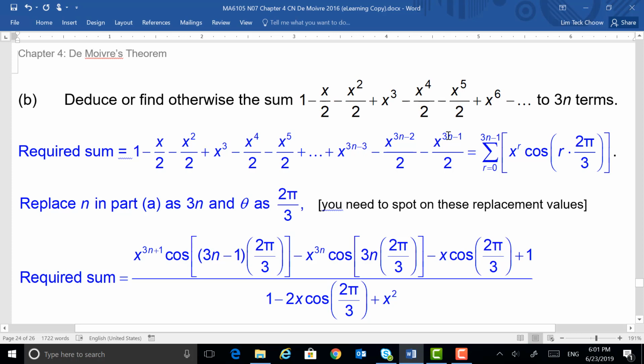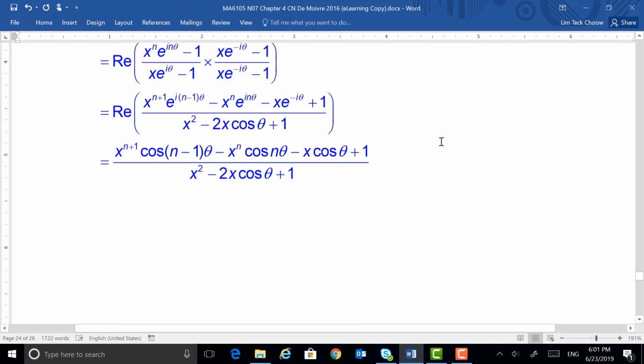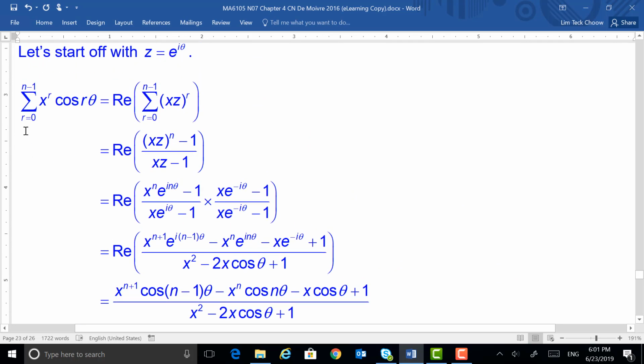To start off with, you realize that this one is now re-expressed as r equals 0 to 3n minus 1. Why 3n minus 1? Because earlier on in the original series, we are summing up from 0 to n minus 1, and this one has n terms. In part B, you want to have the sum of 3n terms, right?